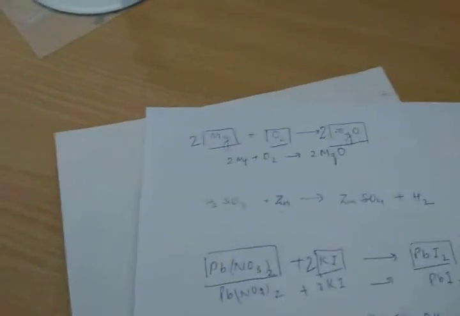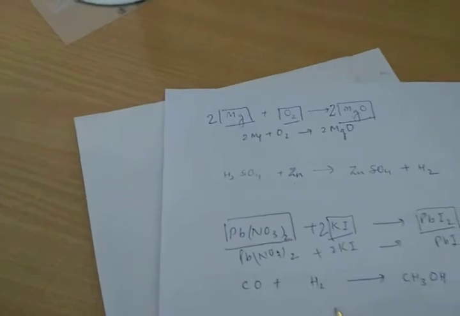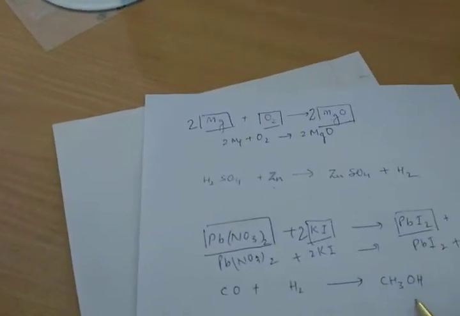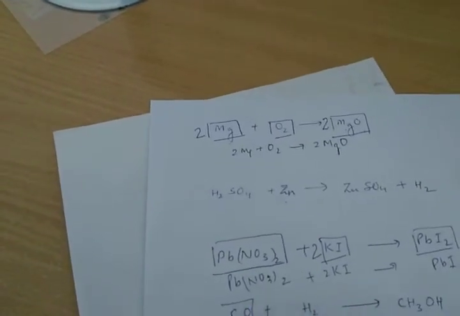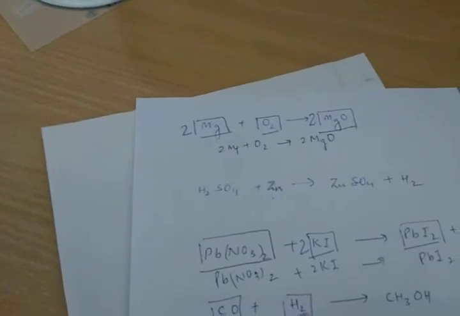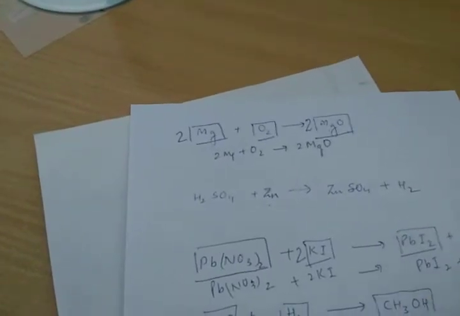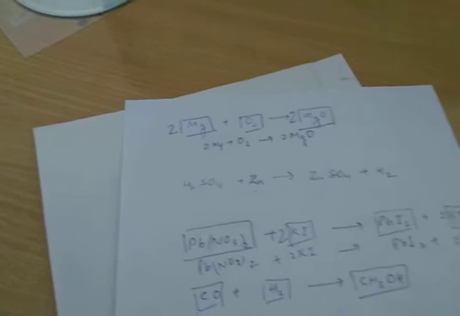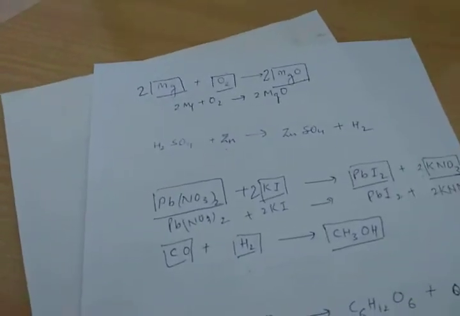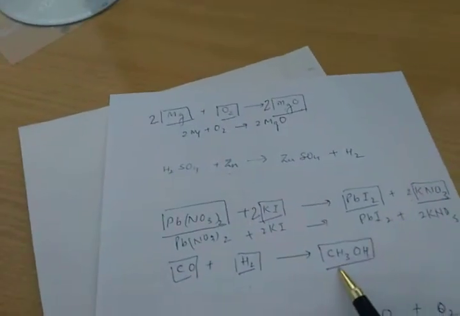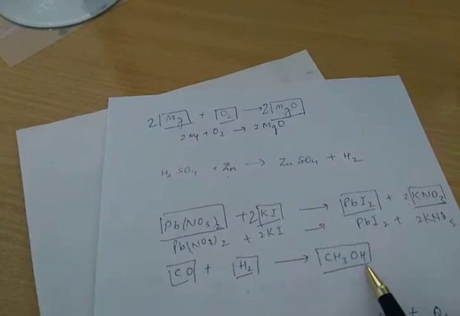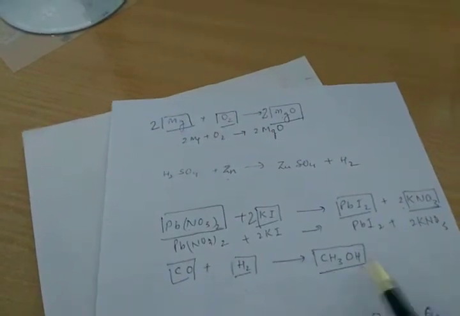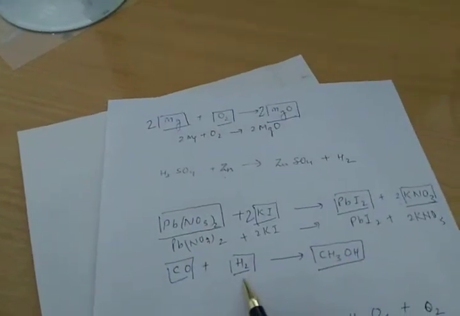Now another skeletal reaction, CO plus H2 changes into CH3OH. Encircle all of them. Start with the compound or species with maximum number of atoms, so we start with methanol. 3 plus 1, 4 hydrogen on the right side, on the left side only 2.